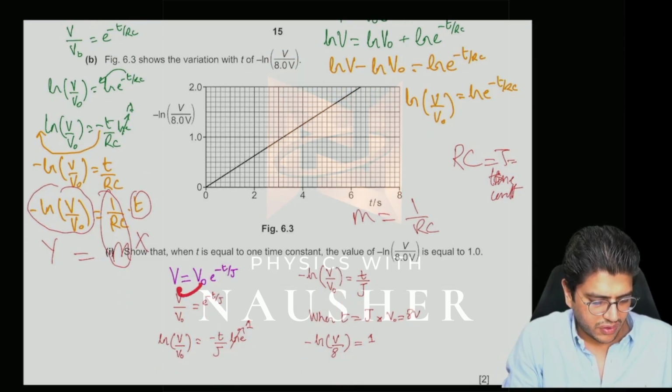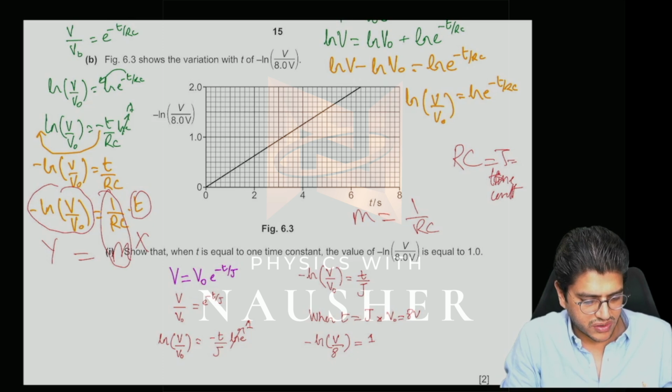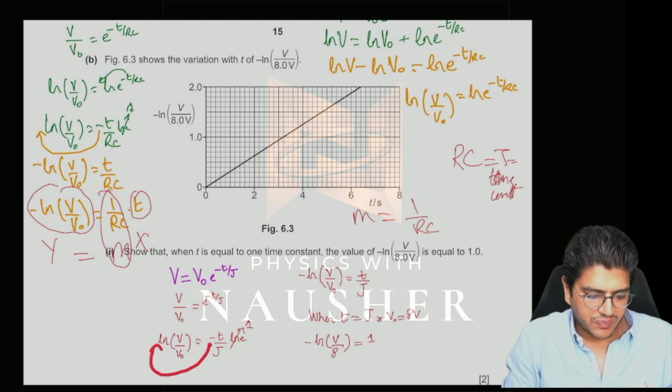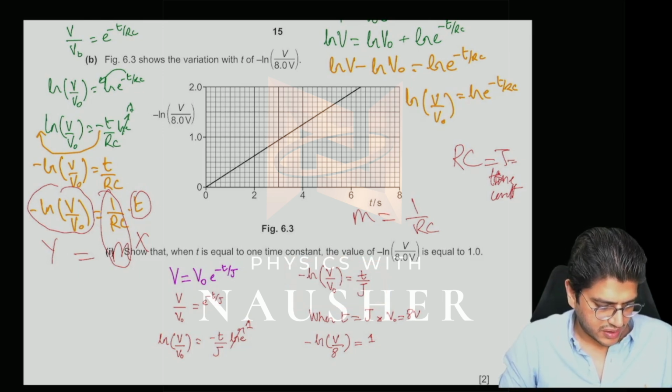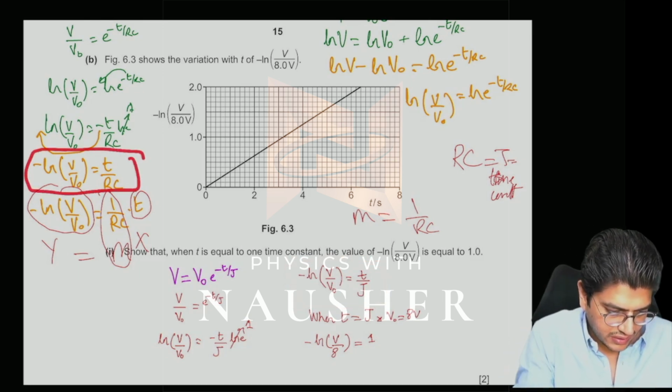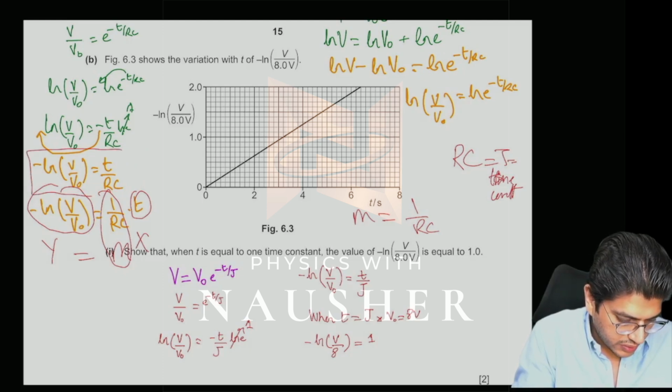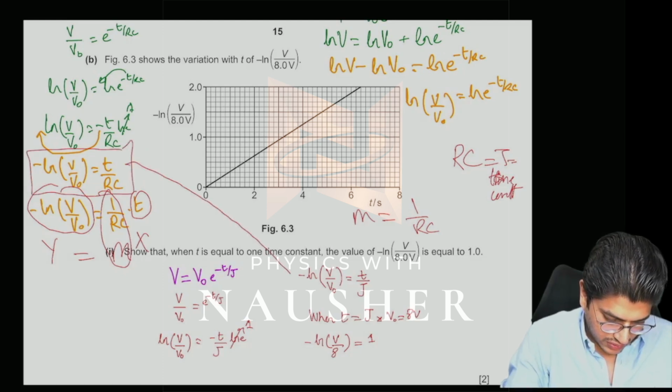I took V naught to this side. Now you'll understand V over V naught is equal to this. Then I took ln on both sides. Minus t over tau came down. I wrote it like this. Then I took the minus sign to this side, and I got this result, which was the same as this thing. So this thing over here is matching this thing over here.